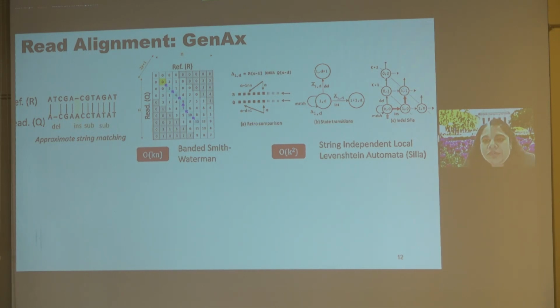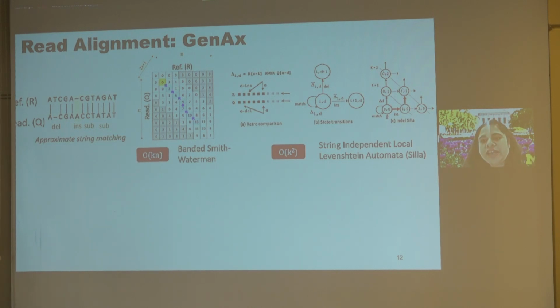A couple of key insights we had: if you build an automata for the entire human genome, you have to encode all these substrings in the genome, and the automata states just explode because there are so many different strings once you break it down. So we wanted to make a string-independent automata, and it has to have local scoring and local connections so that the automata is efficient. That was the key insight which led to Scylla.